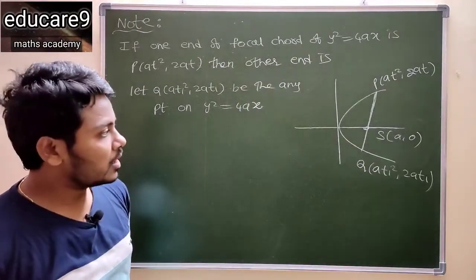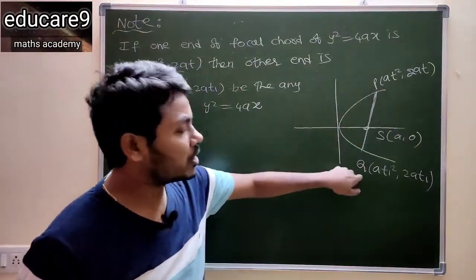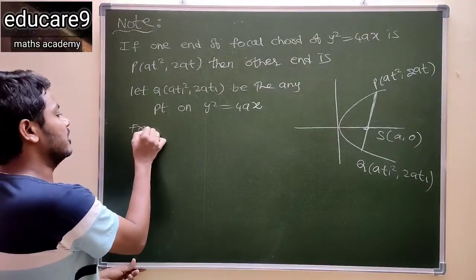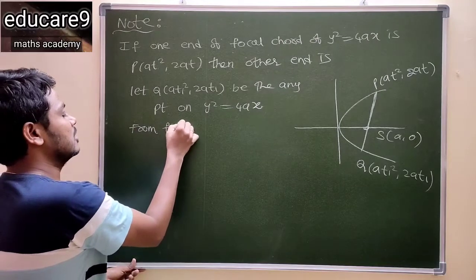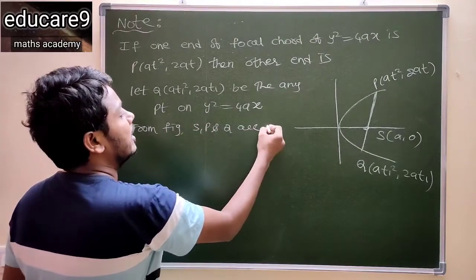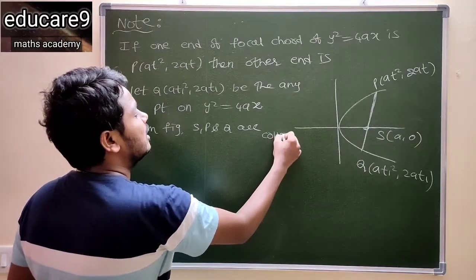Okay. Now clearly S, P and Q are collinear. See here from the figure, S, P and Q are collinear.